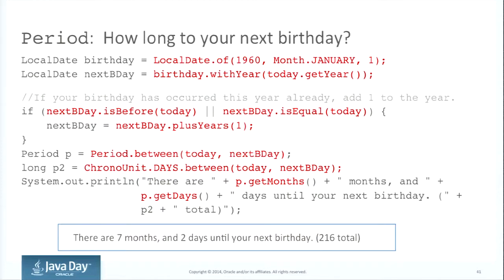This is the one I was talking about, my next birthday. You already heard about the two cases, either it was before or today. So we get my birthday, and we get the next birthday. The next birthday is my birthday with the year of today, so we're assuming my birthday hasn't passed.